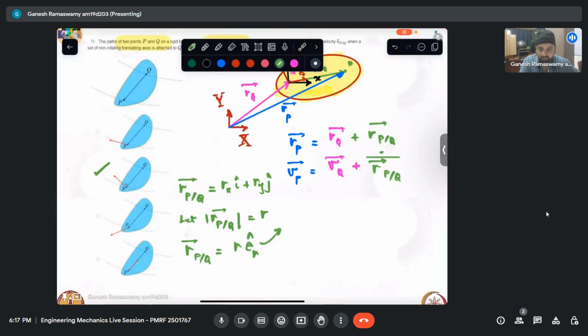Similarly, if we were to fix it at P and observe Q, then this will be just the opposite of this.